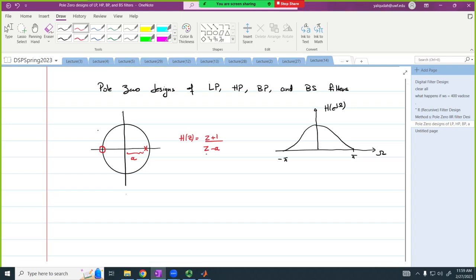What is the magnitude going to equal when omega is equal to 0? At this frequency, what is the gain here?